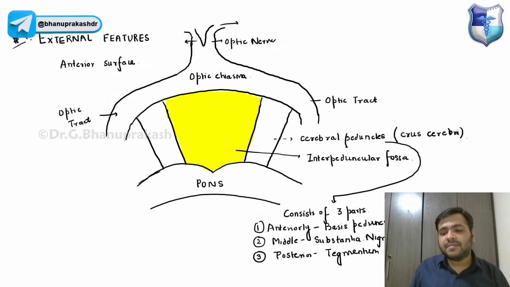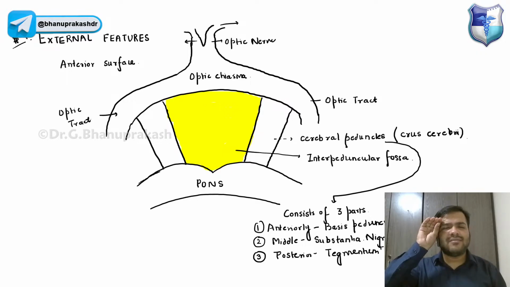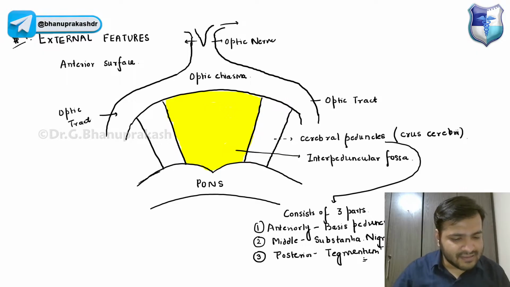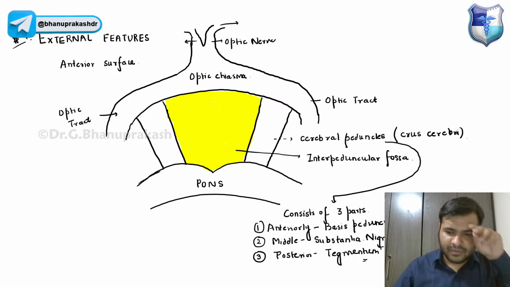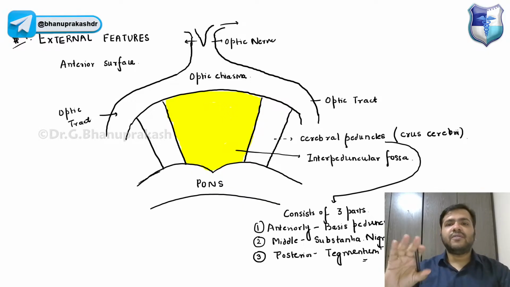Now, this tegmentum will contain many nuclei and many tracts of the midbrain. So as of now, just remember, from anterior to posterior, the cerebral peduncles have three parts. The anterior most part, basis pedunculi. Behind we have the substantia nigra. And the posterior most part is the tegmentum, which contains nuclei and tracts of the midbrain, right? So as of now, just remember this.